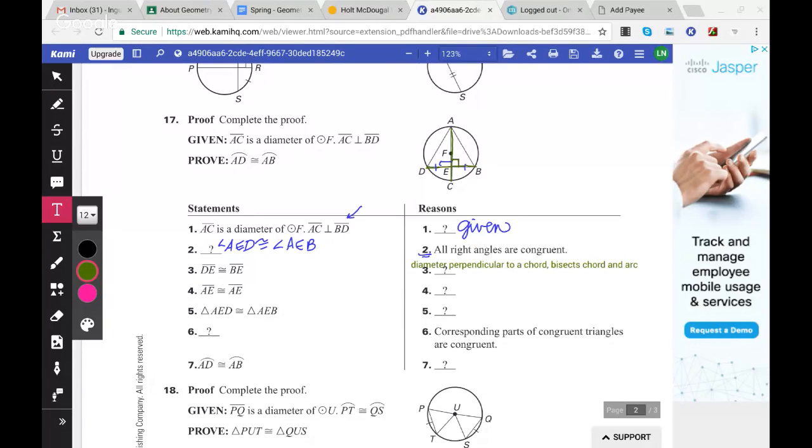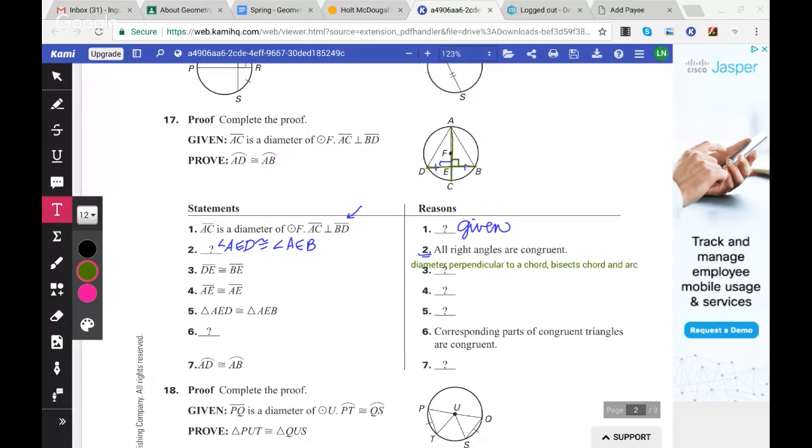All right, so we were on step 3, the DE BE part, and I typed it in because we talked about it. The reason DE and BE are congruent is because AC, that diameter, crosses the chord DB and they meet at a right angle.